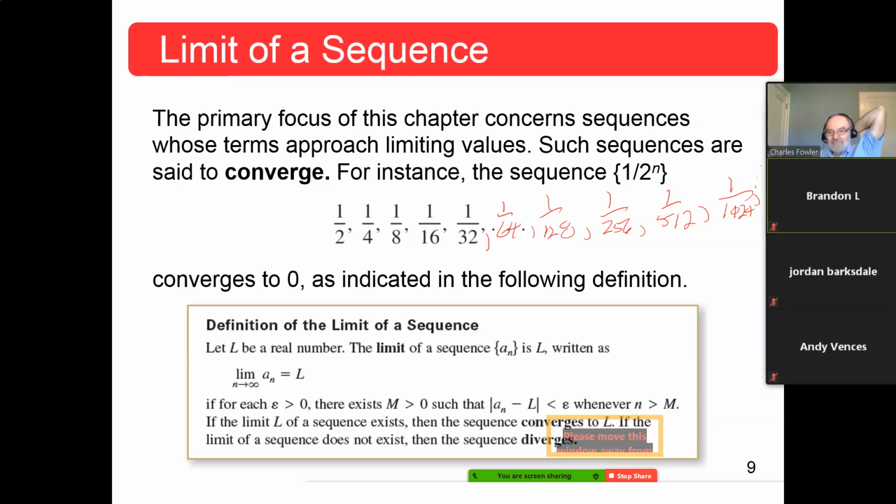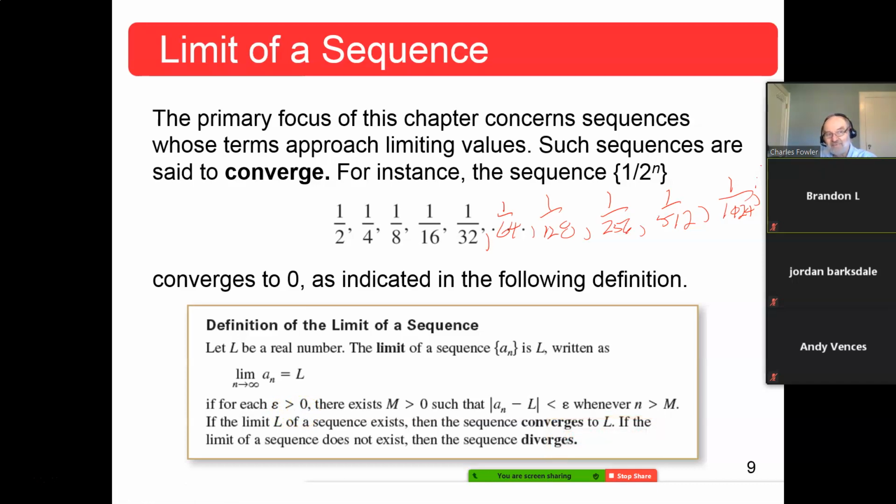So the limit of a sequence is L, then you say the limit as n approaches infinity of a sub n is equal to L, meaning that the nth term is getting closer and closer to L, just like these fractions here are getting closer and closer to 0. Now, that means the limit of a sequence a is L if for every epsilon greater than 0, this sounds familiar, doesn't it?